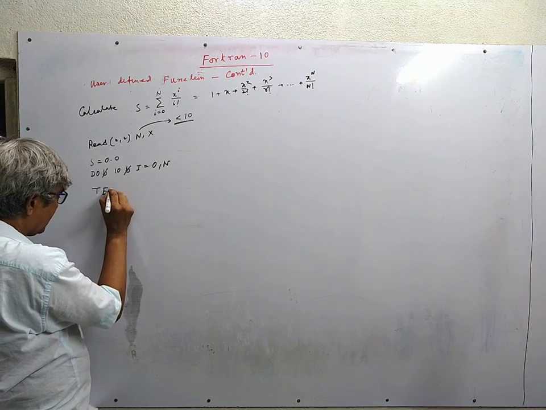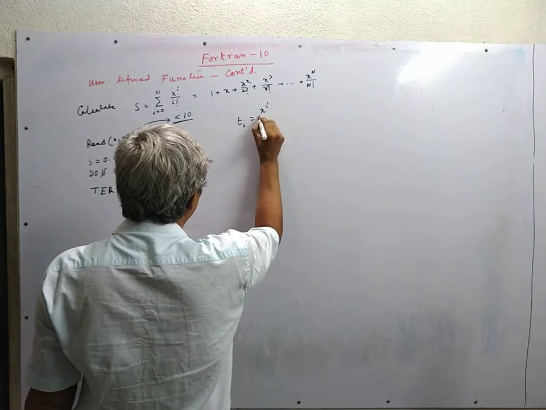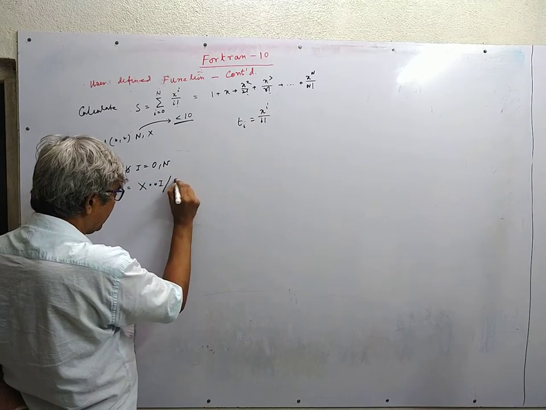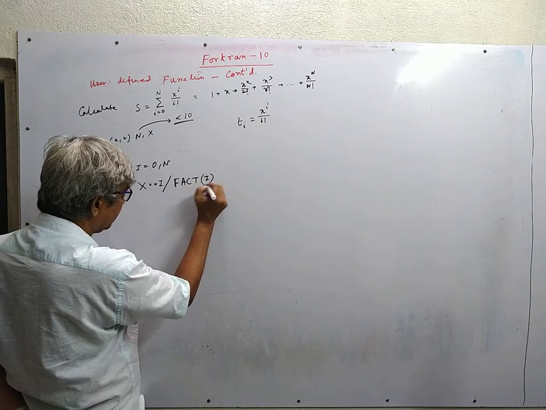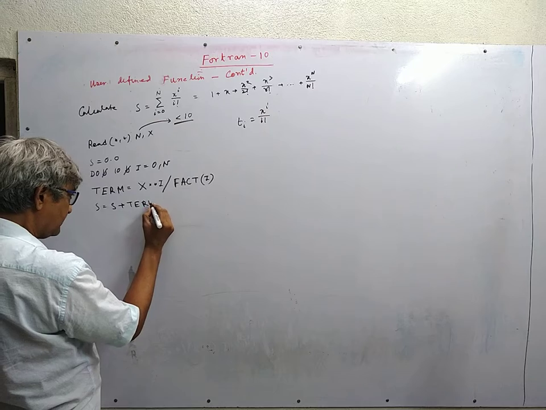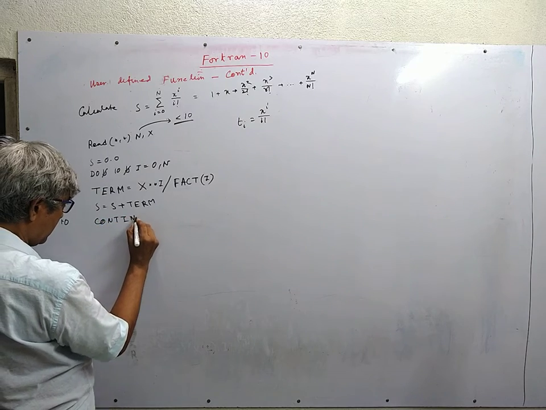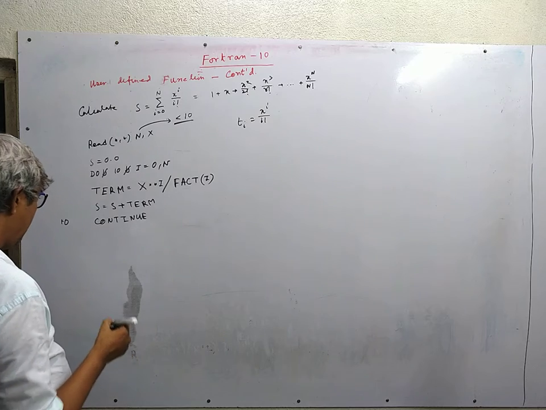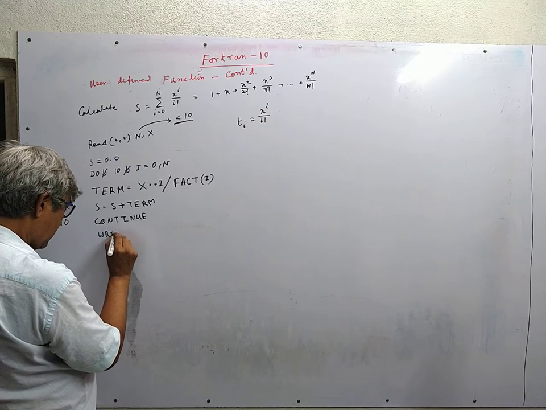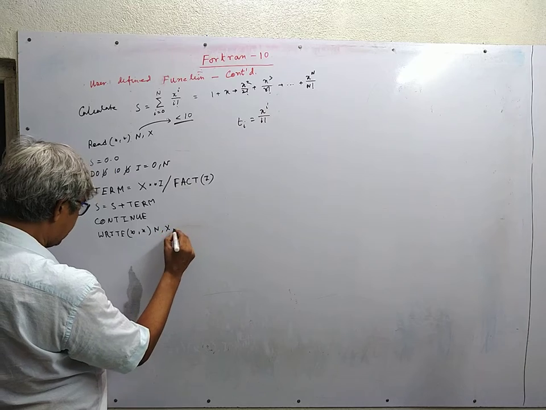Term, the term means the ith term, which is x to the power I by factorial I. So we write x double star I by fact I. Sum is equal to sum plus term, then 10 continue, and then we write n, number of terms, x and s.